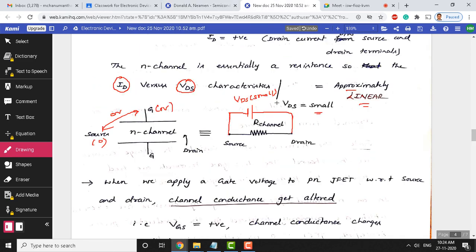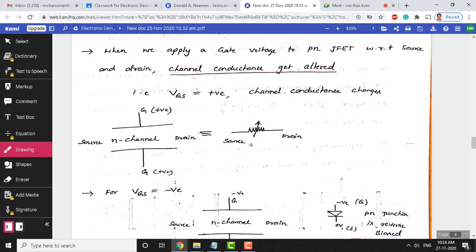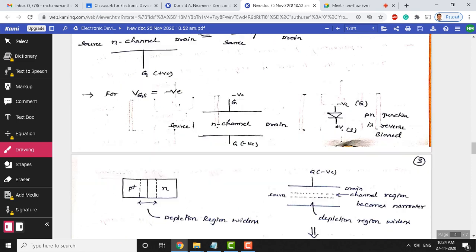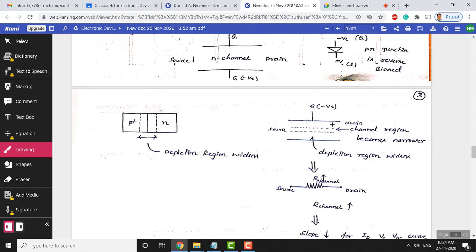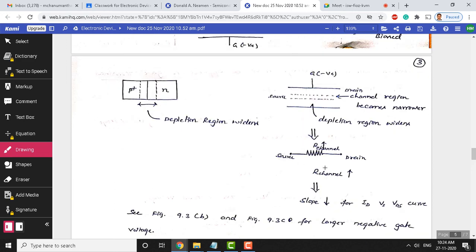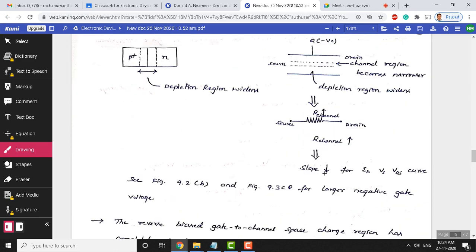That is what is told here: the channel resistance keeps varying due to VGS, positive or negative. But for VGS negative, you can think of it like a PN junction, with negative at the gate and 0 at the source, and because of that the channel is occupied by the depletion region. That increases the channel resistance, and due to that the slope decreases.